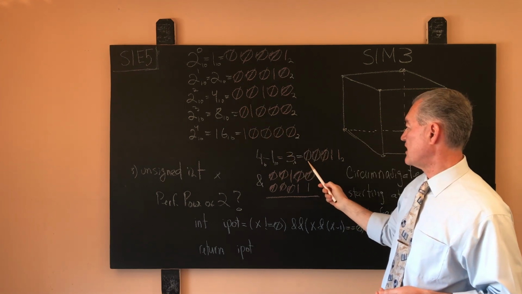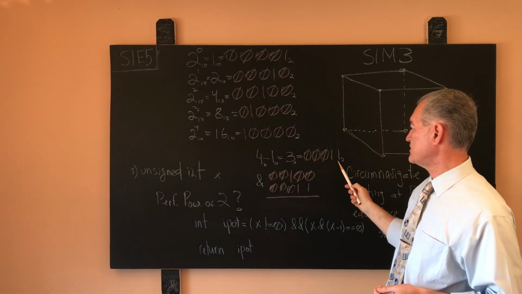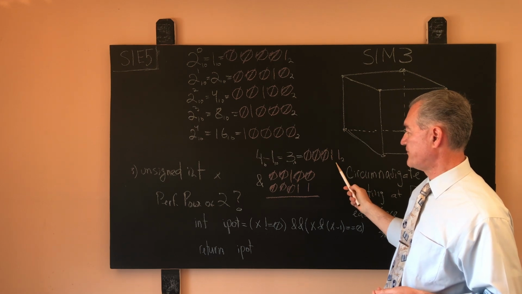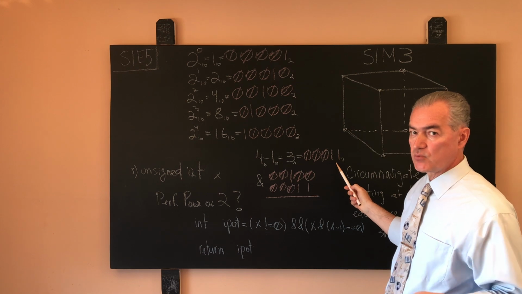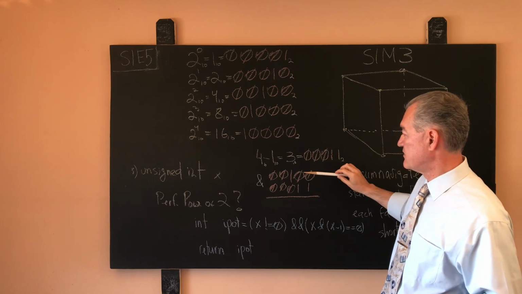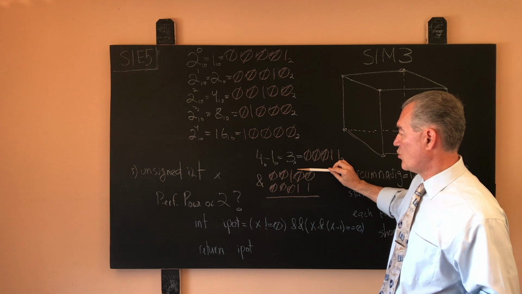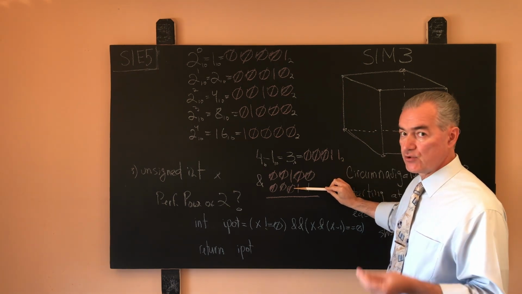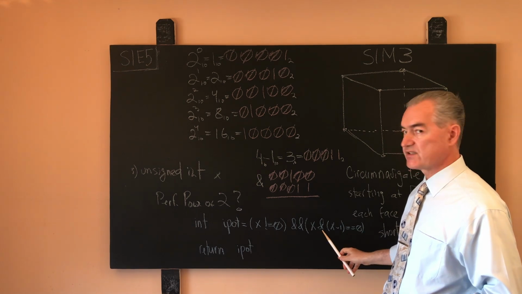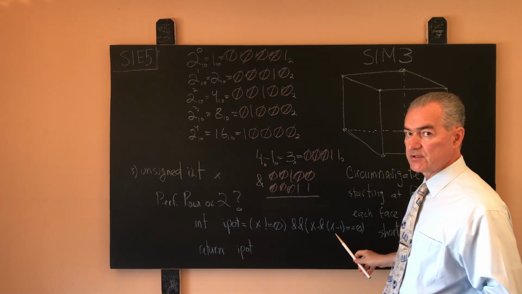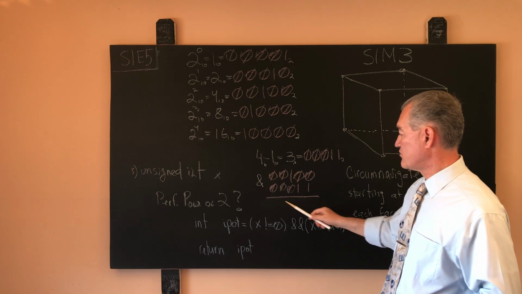In this case, we get 3 zeros and 2 ones in the rightmost positions. And what does that mean? That means that if we bitwise AND a given integer x with its own image reduced by 1, in other words, if we say x bitwise AND x minus 1, then what will result?